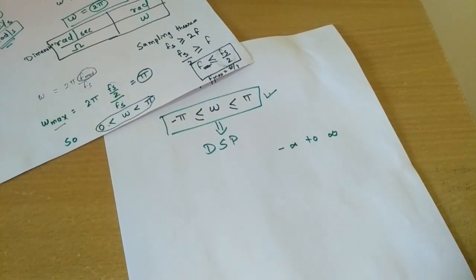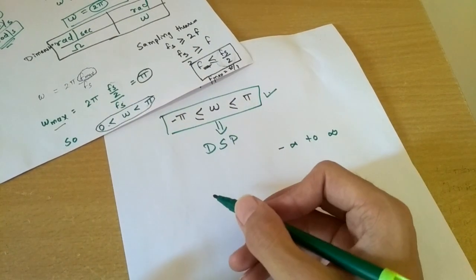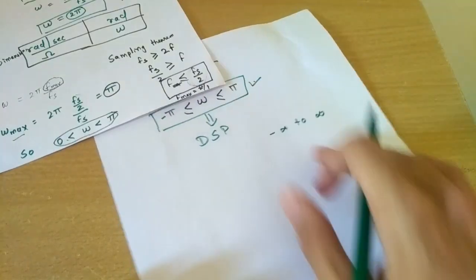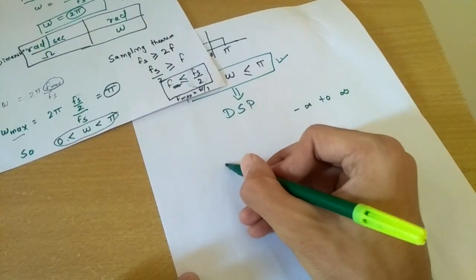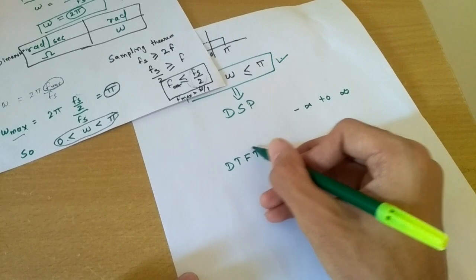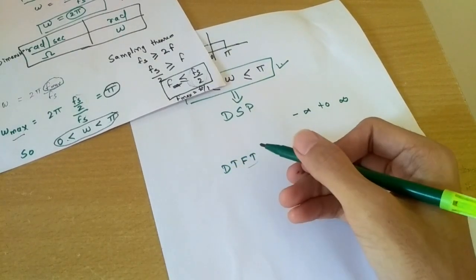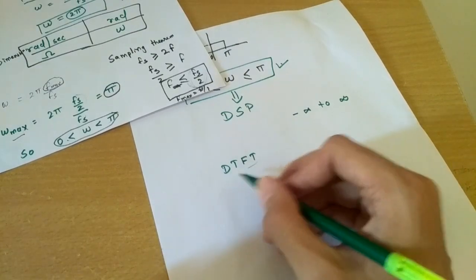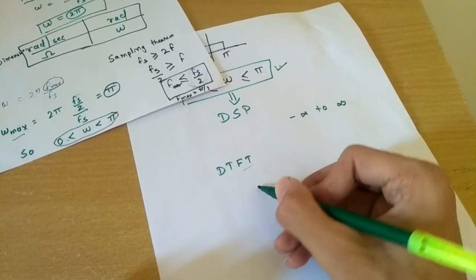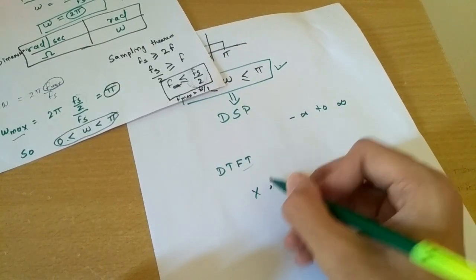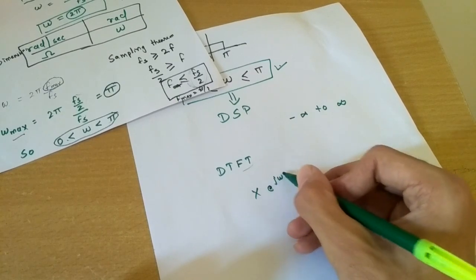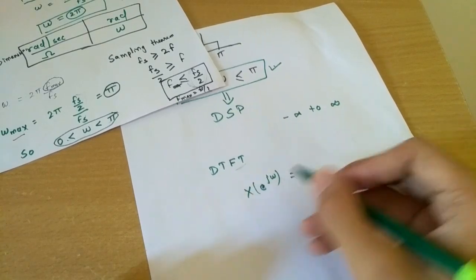And one more thing I want to mention over here is that in the DTFT, that is the discrete time Fourier transform, if you all recall, and if you don't, then please watch my videos from the playlist digital signal processing. In the DTFT, we know that the DTFT is periodic, right?